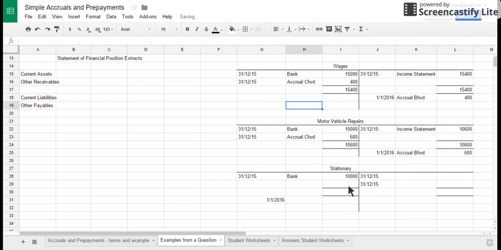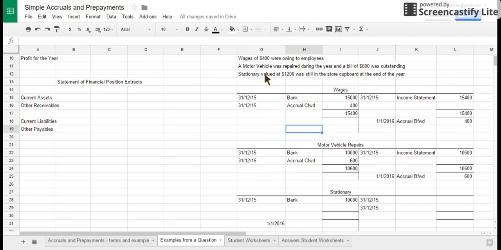Okay, next one is stationery. This one's a funny one. We've got £1,200 worth of stationery still in the store cupboard. So effectively we've paid for $1,200 worth of stationery that we haven't yet used. So although the expense is 10,000, 1,200 of that expense belongs to the following year. So that's a prepayment carried forward.